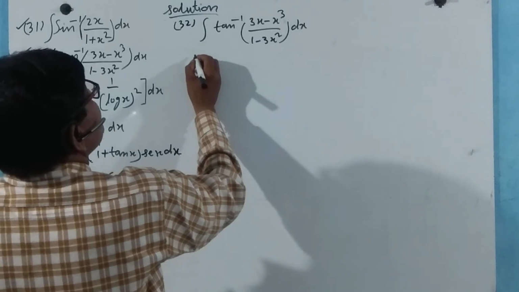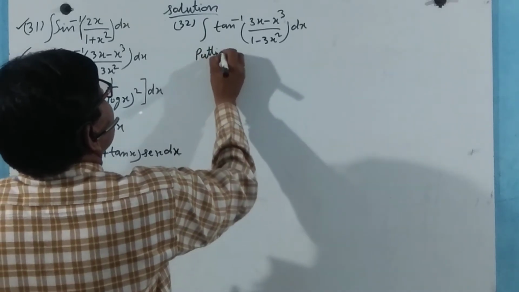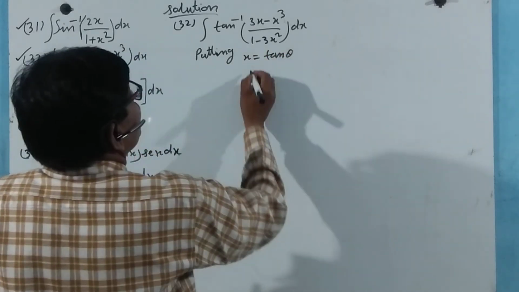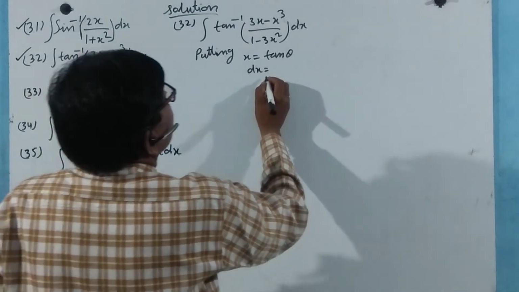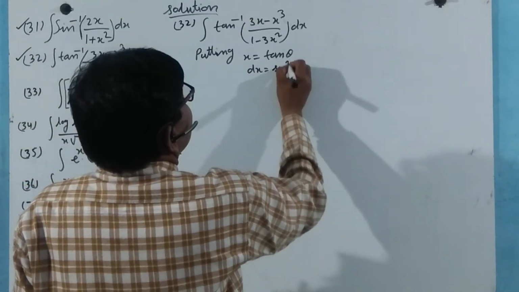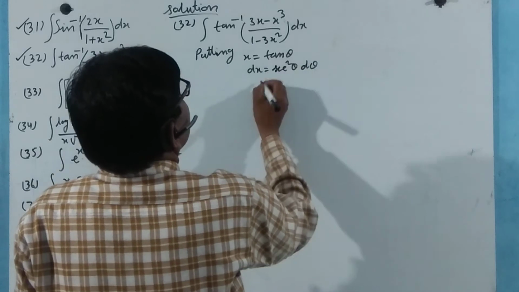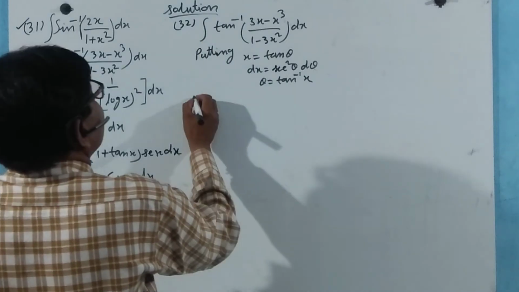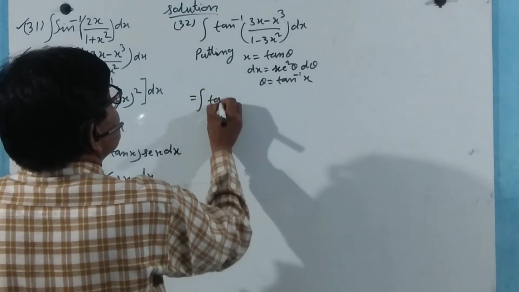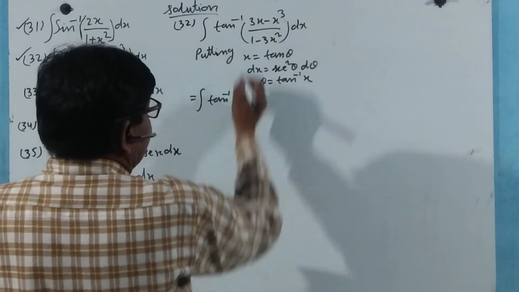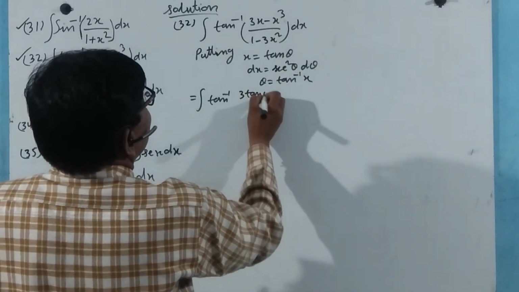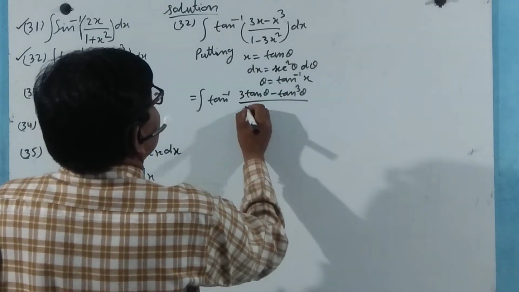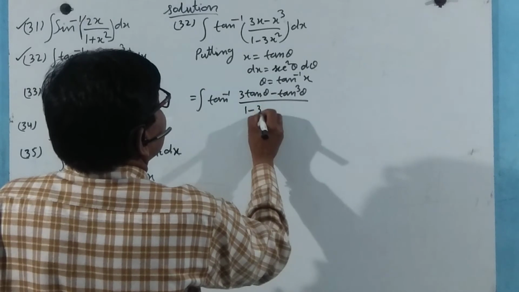In this case also we put x equal to tan theta, so that dx equal to sec square theta d theta and theta equal to tan inverse x. Now in this case the integration of tan inverse, with x equal to tan theta, is 3 tan theta minus tan cube theta divided by 1 minus 3 tan square theta.